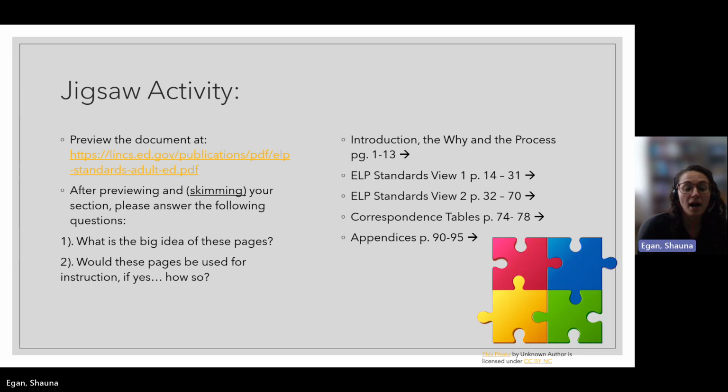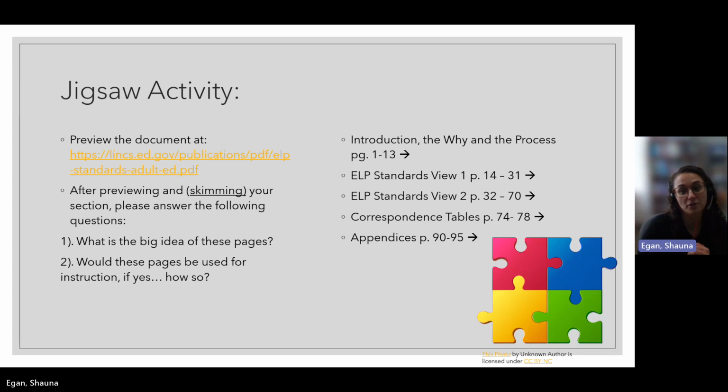However, for teachers who have been teaching for a little while, it's helpful to also note and make use of View 2. This is particularly helpful for teachers who teach high intermediate or advanced ESOL because your students often have goals of what they'd like to do after really building their proficiency in English. And sometimes that might be transitioning to a job.